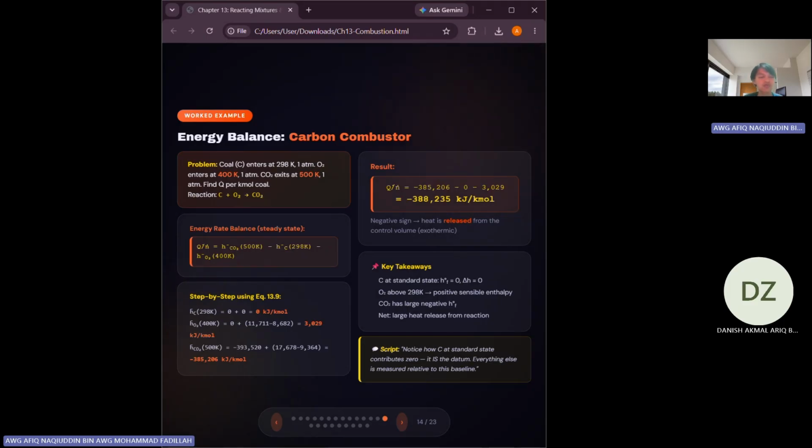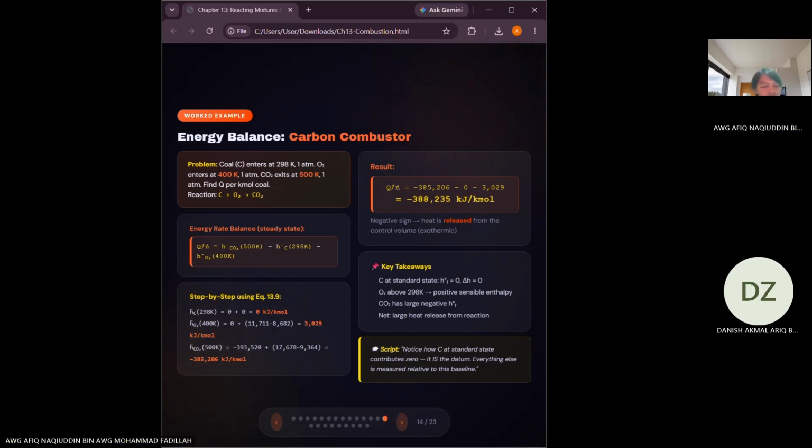From Table A-23 for O2, h at 400 Kelvin is equal to 11,711 kilojoule per kilomole. H at 298 Kelvin is equal to 8,682 kilojoule per kilomole. Therefore, h for O2 is equal to 0 plus 11,711 minus 8,682, equal to 3,029 kilojoule per kilomole.